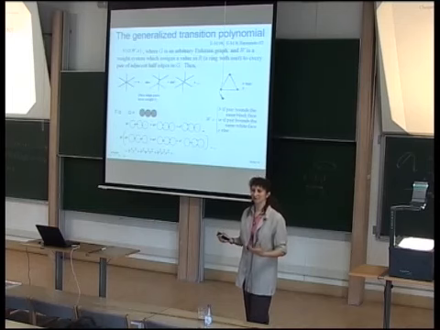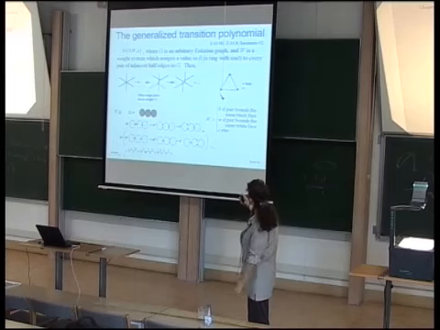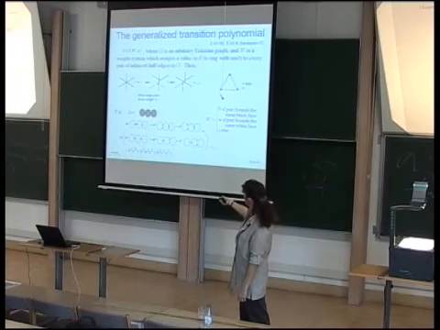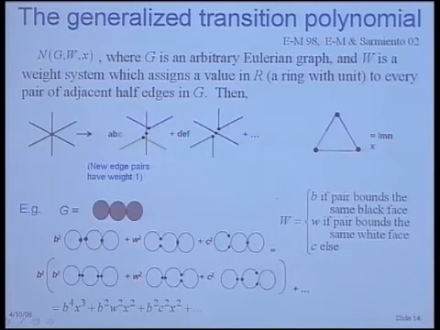I didn't know which one to talk about, but I will say there is another one. This one has the multivariabilization on the states, but doesn't keep track of the lengths of the components. The other one is defined for all graphs, not only Eulerian graphs, and the multivariable tracks the lengths of the cycles and the lengths of the paths. And presumably these two theories can be put together, but it just hasn't happened yet.